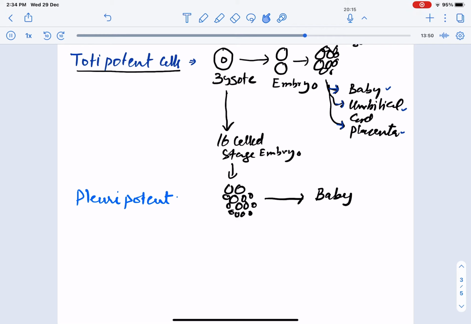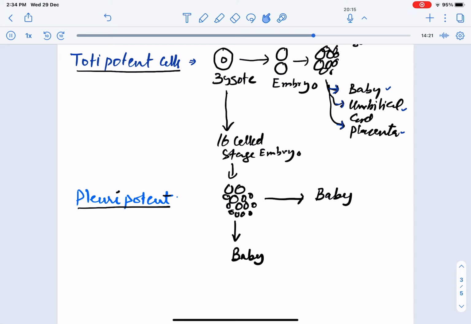If this cell progresses to divide and develops a baby, within a baby, there are many cells that lose the ability to divide. So, during the development, cells lose their potency and they produce fewer types of cells later on.